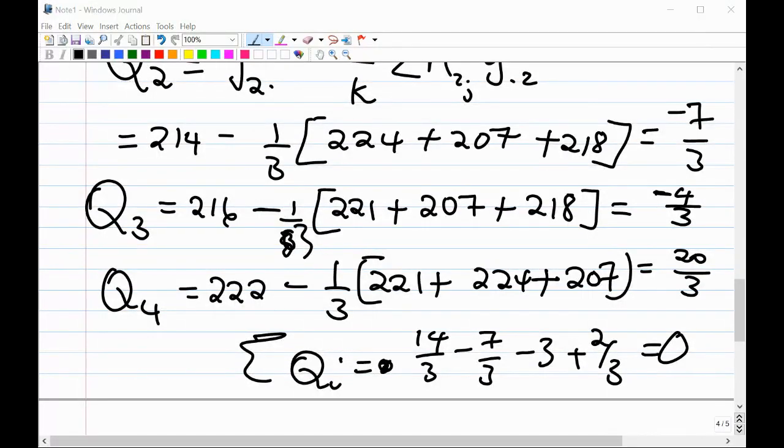Yes. Malepe is also getting negative 4 over 3. Even Muletelo is also getting negative 4 over 3.